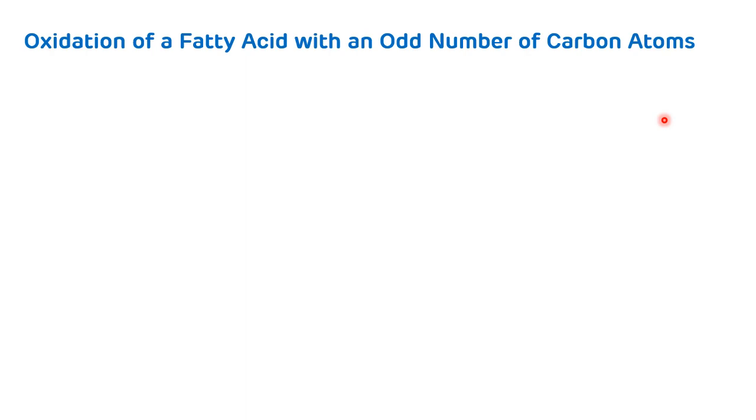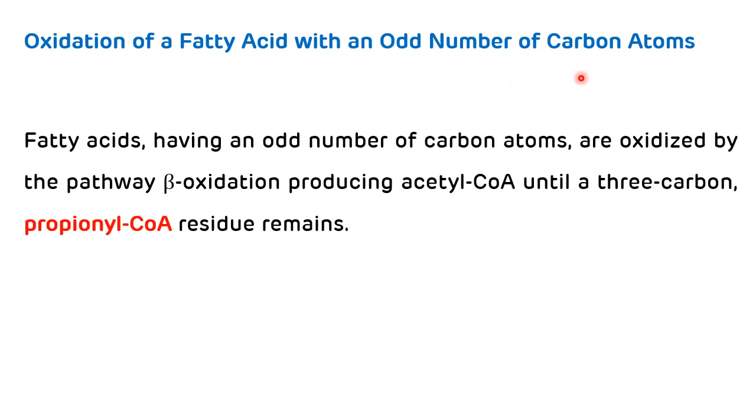So there will be the removal of acetyl-CoA from the odd number carbon containing fatty acid until a 3 carbon propionyl-CoA residue remains. So at the end of the oxidation of fatty acid with an odd number of carbon atoms, we have propionyl-CoA as well as acetyl-CoA.